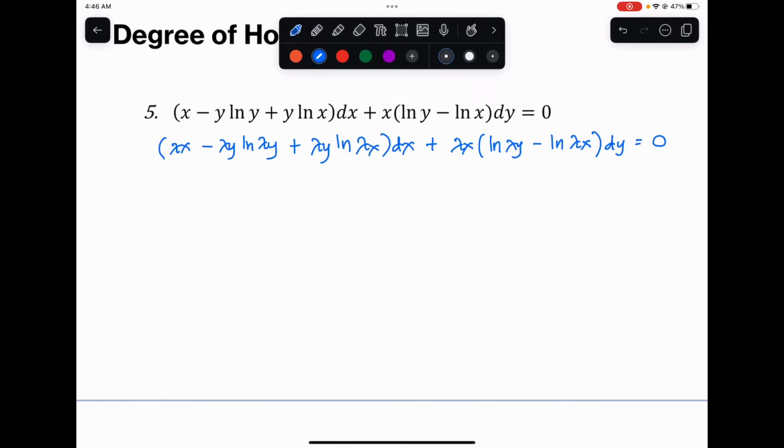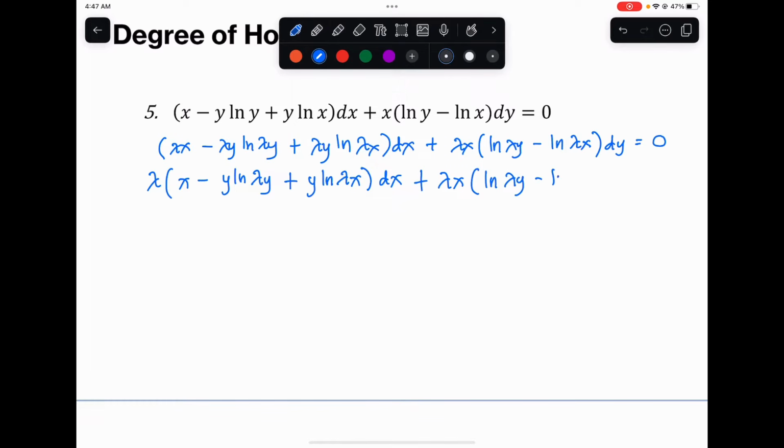So in here, I can factor out lambda. That would give us x minus y ln lambda y plus y ln lambda x dx, and so plus lambda x. In here, it's still ln lambda y minus ln lambda x dy.